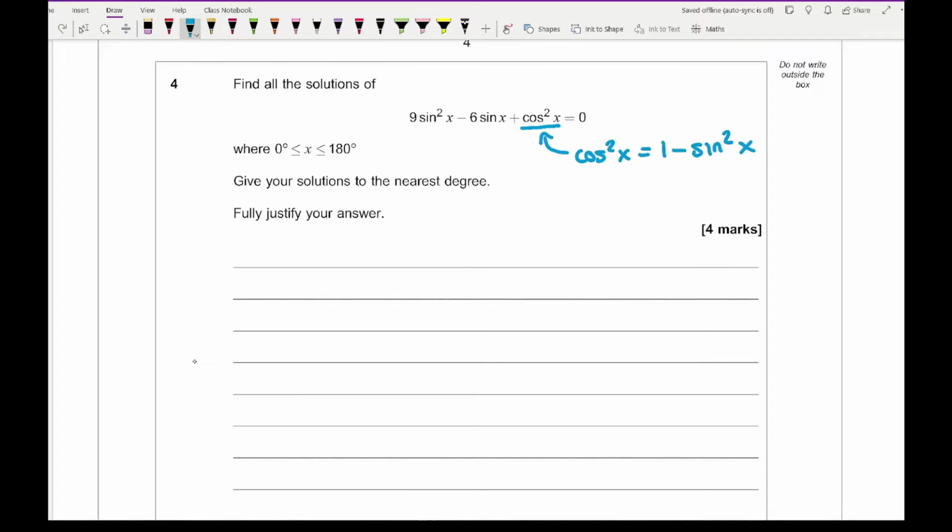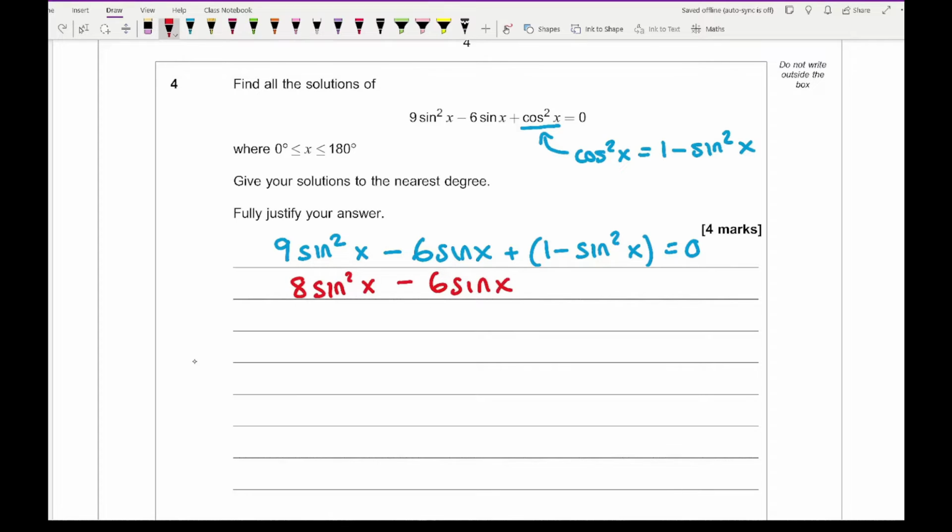So if I substitute that in, I'm going to end up with something that looks like this, and then I can simplify. So here I end up with 8 sine squared x minus 6 sine x plus 1 equals 0.